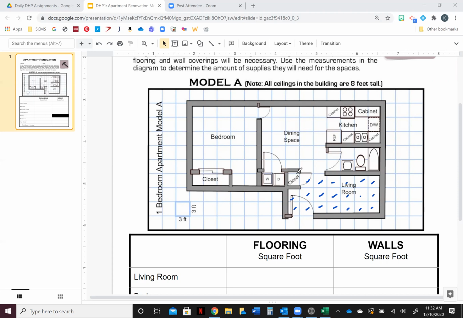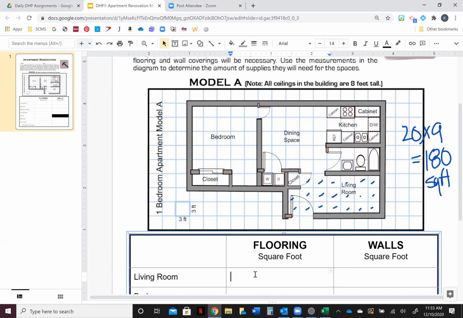So we have 20 squares, and when we multiply, 20 times 9 gives us 180, and that is in square feet. So I will come down here and click on this, and I will write in there 180. And you don't have to write square feet because it's already up here.